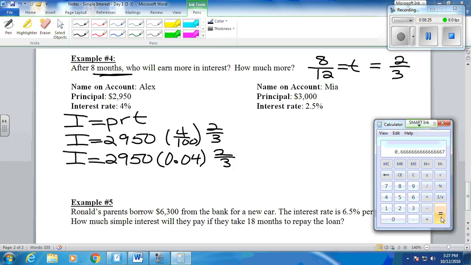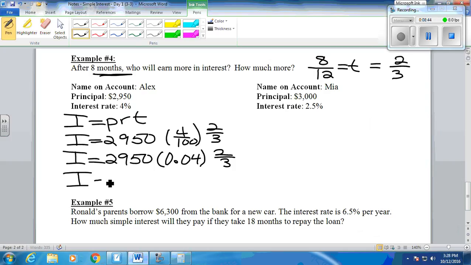I know there's a 7 at the end, but they're truncating this. I leave that in my calculator. I'm going to multiply by the 4/100ths, and then multiply by the 2,950, and then I will get my answer of $78. And when we talk about money, we need to round to the nearest hundredth, so $78.67.